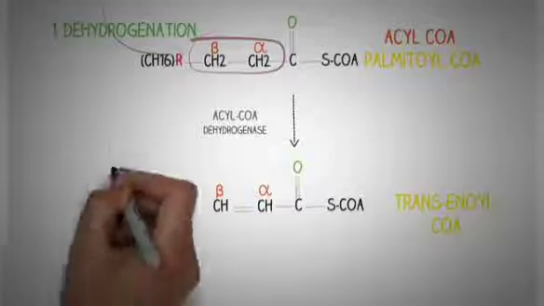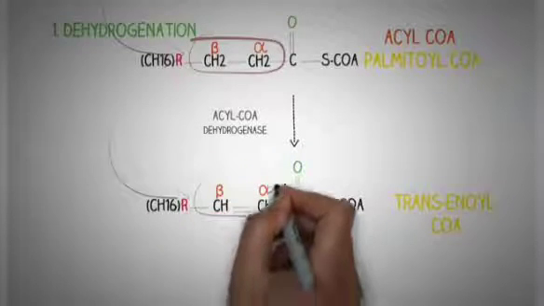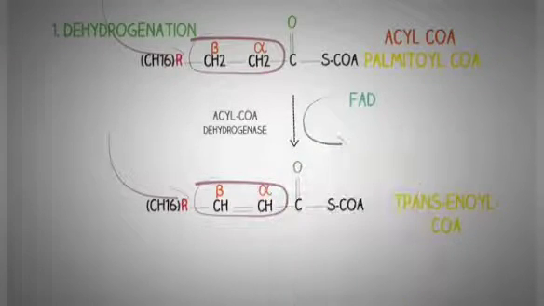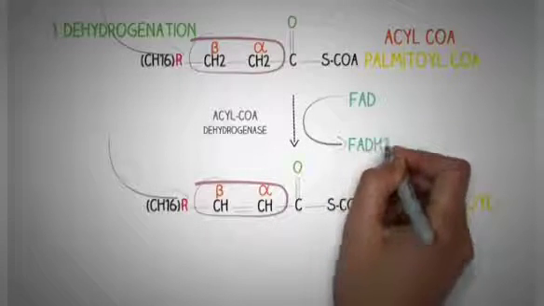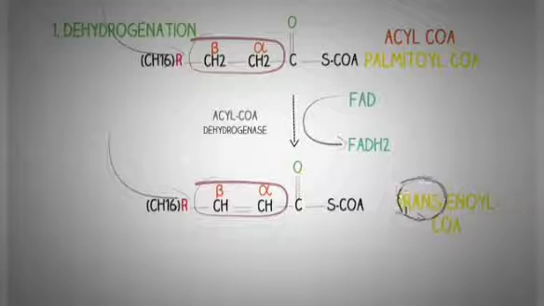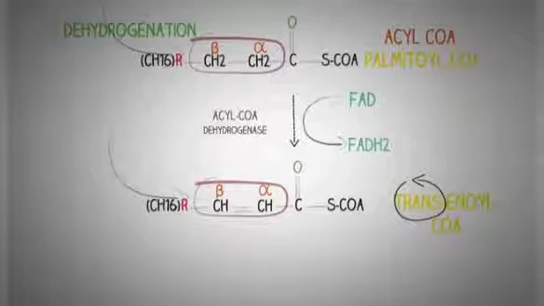You can see clearly that the hydrogen atoms are removed from the alpha and the beta carbons, and these hydrogen atoms are then donated to the electron acceptor, which in this case will be the FAD, which is reduced to FADH2. The resultant molecule is called trans-enoyl CoA because the two hydrogen atoms are now in trans state.